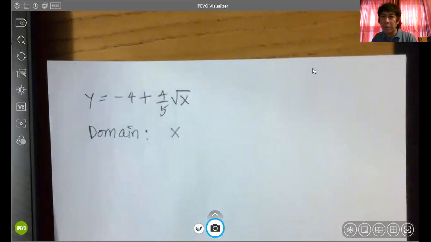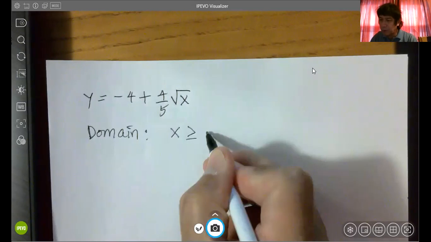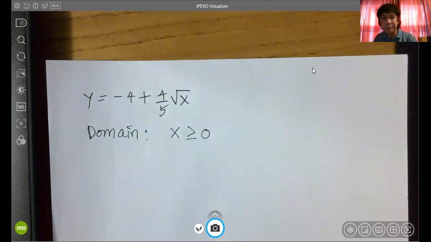The allowable values for x will only be 0 or higher. So we will write x greater or equal to 0. That's our domain. How about the range? The range corresponds to the value 0 or higher for x.